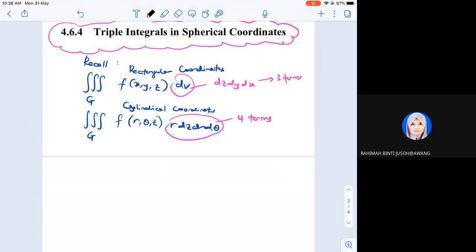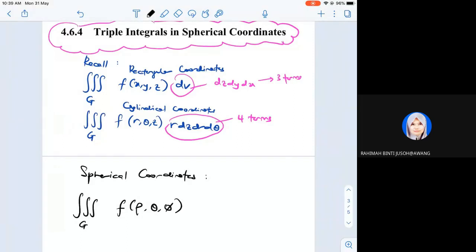So now in spherical coordinates, lagi dahsyat. We will have triple integrals over region G. Okay, guys, so we have f. Our variables here are rho, theta, and phi.